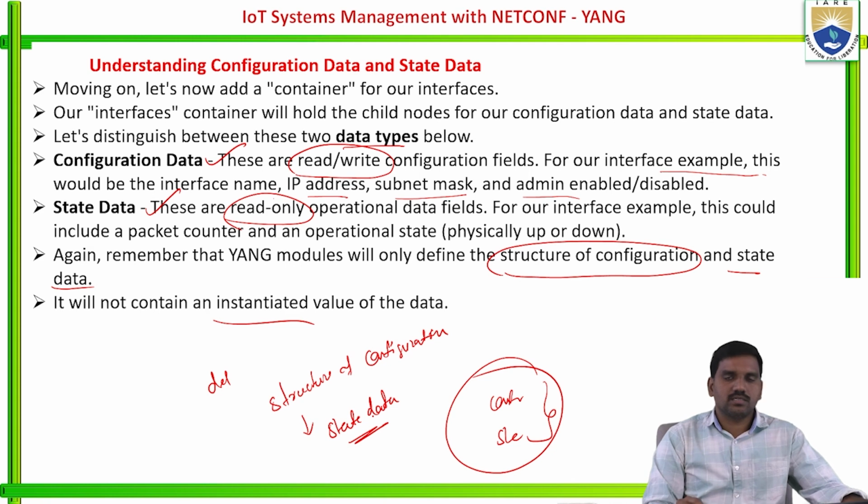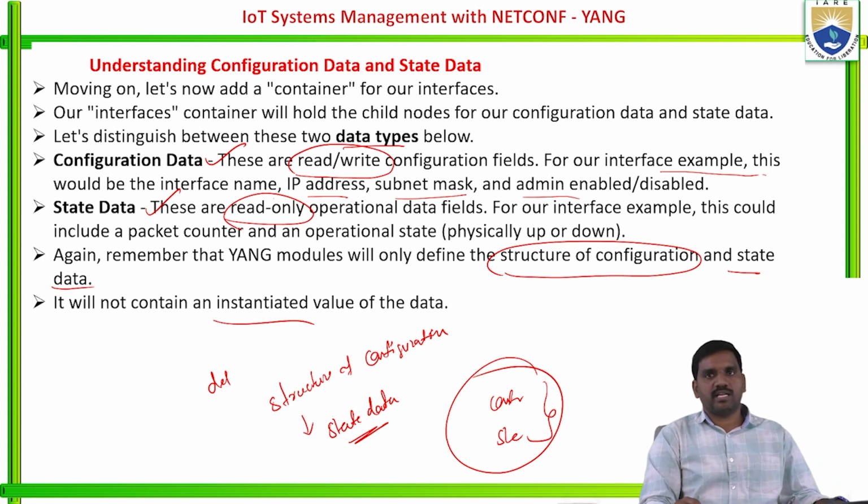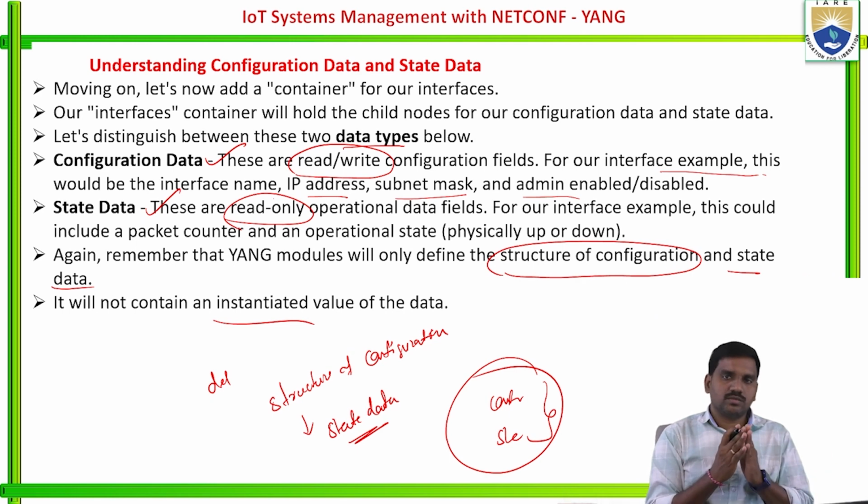So these are the topics: IoT system management with network configuration with the YANG module. IoT system management has different types of components like configuration data, rollback manager, communication API, like that. We have nine different components.